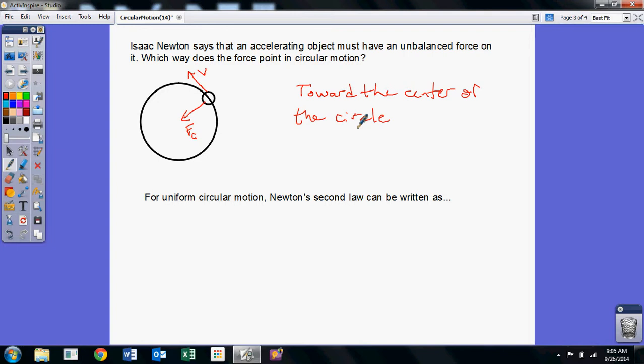So for uniform circular motion, we can think of Newton's second law in its most general form. F net is equal to ma.